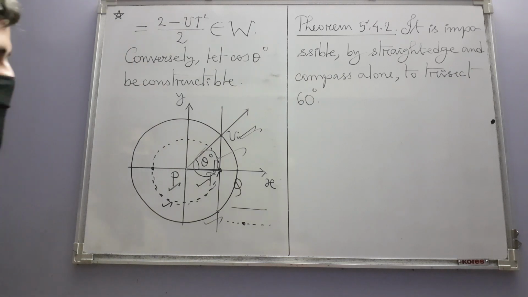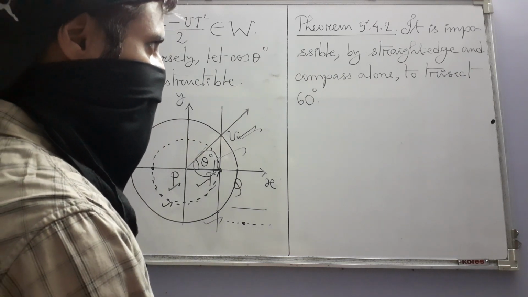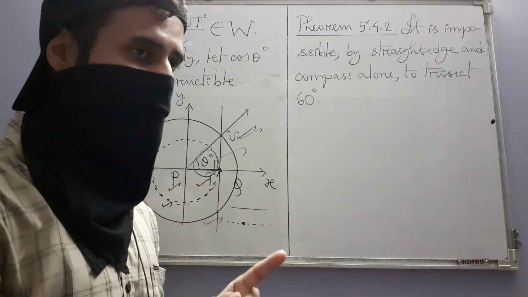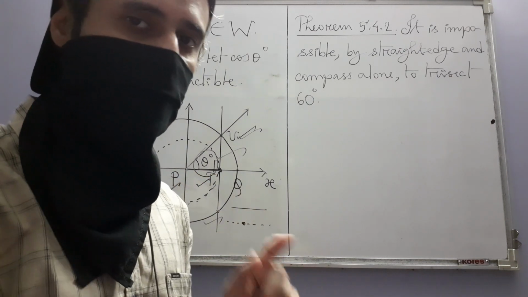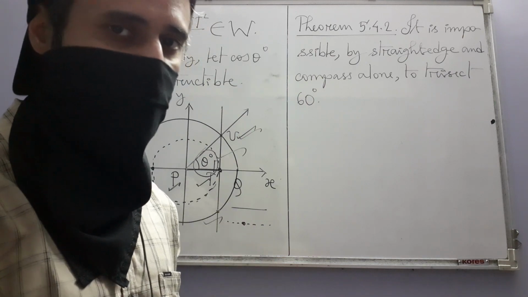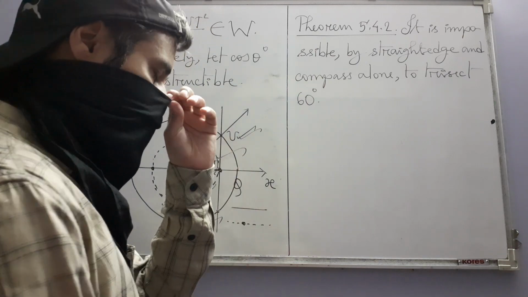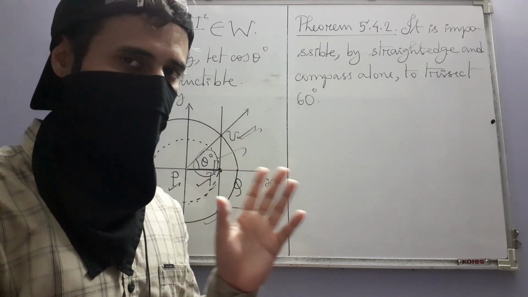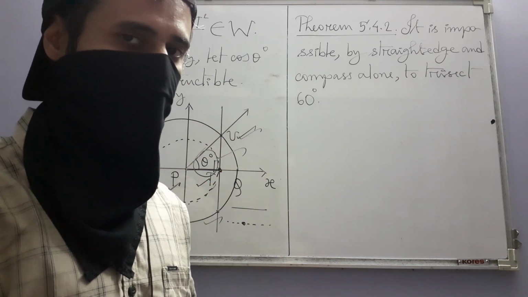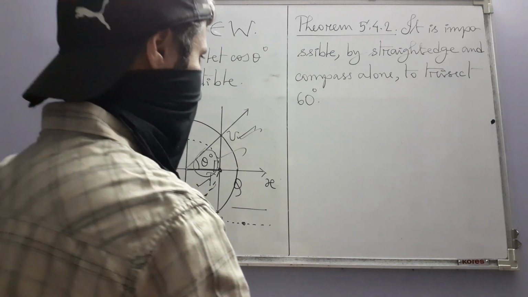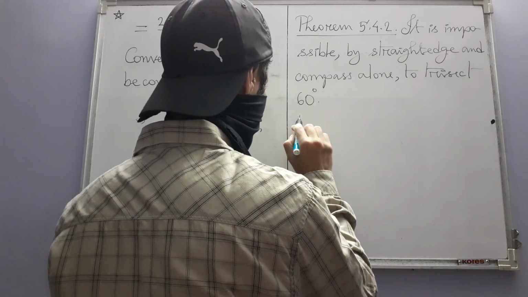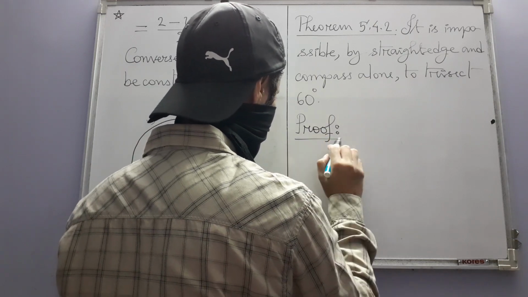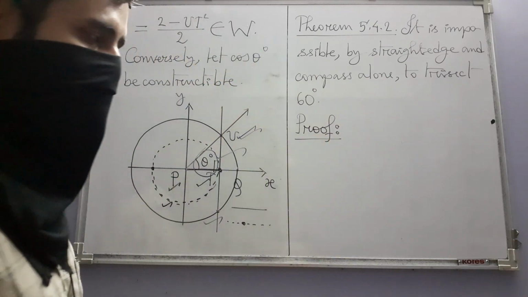Okay, so that means you cannot trisect 60 degree. So by this result, we have to show that the angle 20 degree is not constructible, or the same thing, and that's where we are using this result, that cosine of 20 degree is not constructible. So the proof goes like this. The proof will have gaps that will be filled in the exercises.